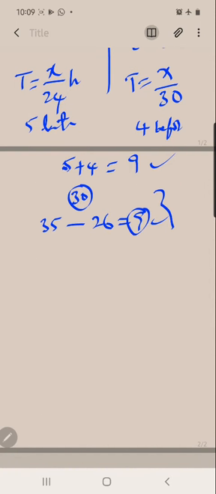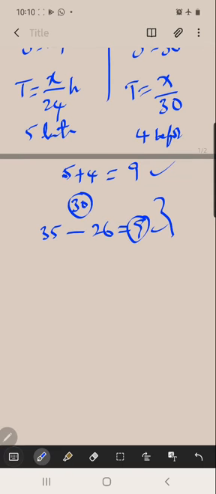Okay, now the time differences. First we have to write x by 24. That means here only in the first time less speed, that is 24. Second time 30. That means less speed means more time it takes. That means write x by 24 minus x by 30 is equal to 9 minutes.